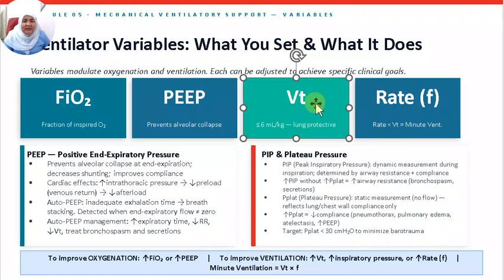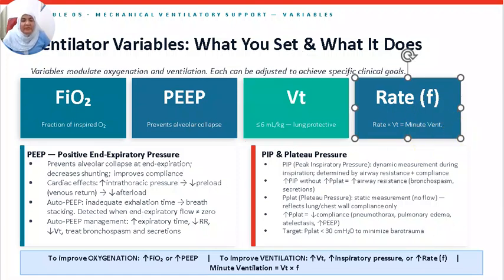And then the tidal volume. For lung protection, we require less than 6 to 6 ml per kg. The goal is not to overstretch the lungs. While the ventilator rate is multiplied by the tidal volume, it gives us the minute ventilation.